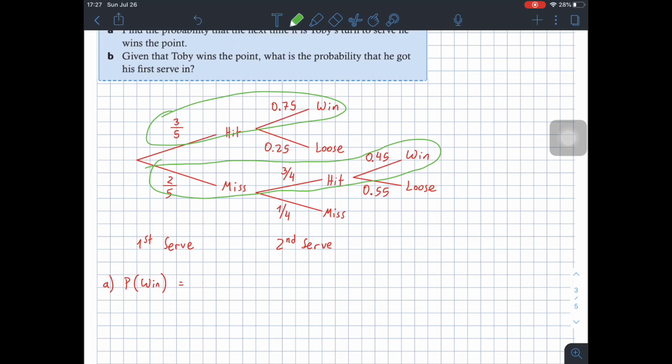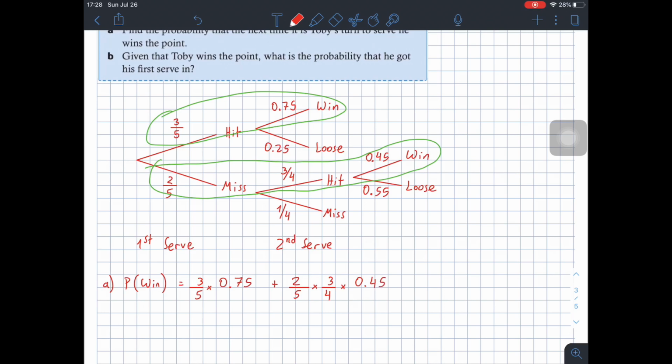So if we write this down, we're going to say that it's 3 over 5 times 0.75. Since we're jumping to another branch, it's plus 2/5 times 3/4 times 0.45.